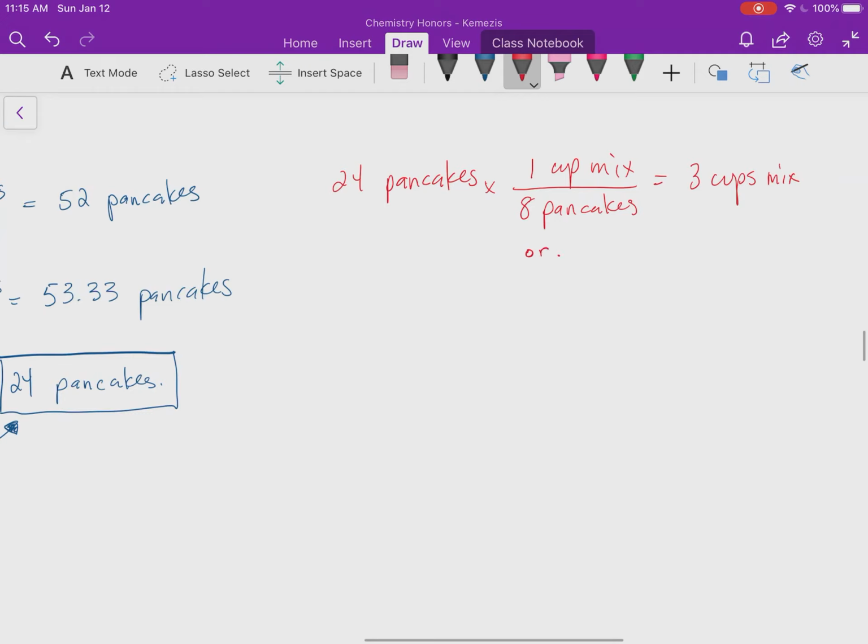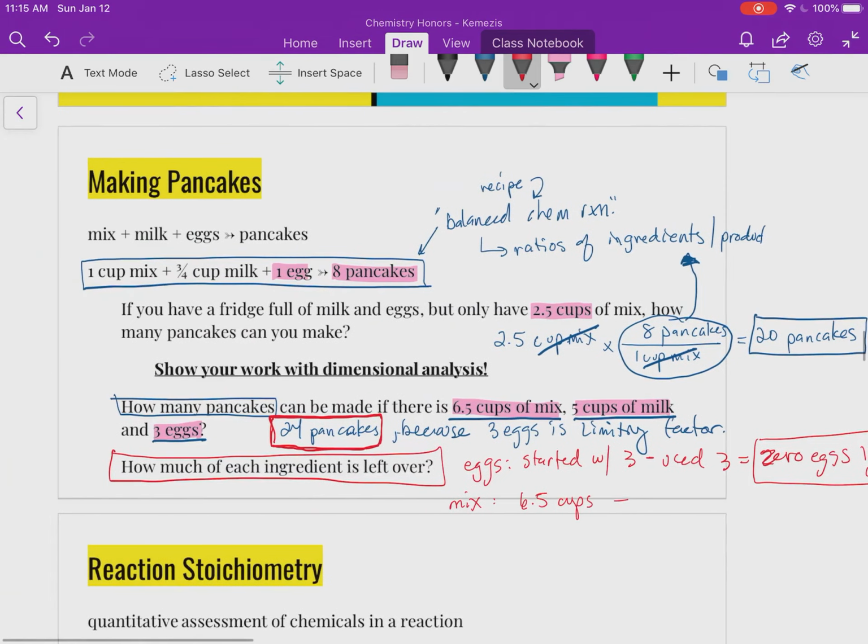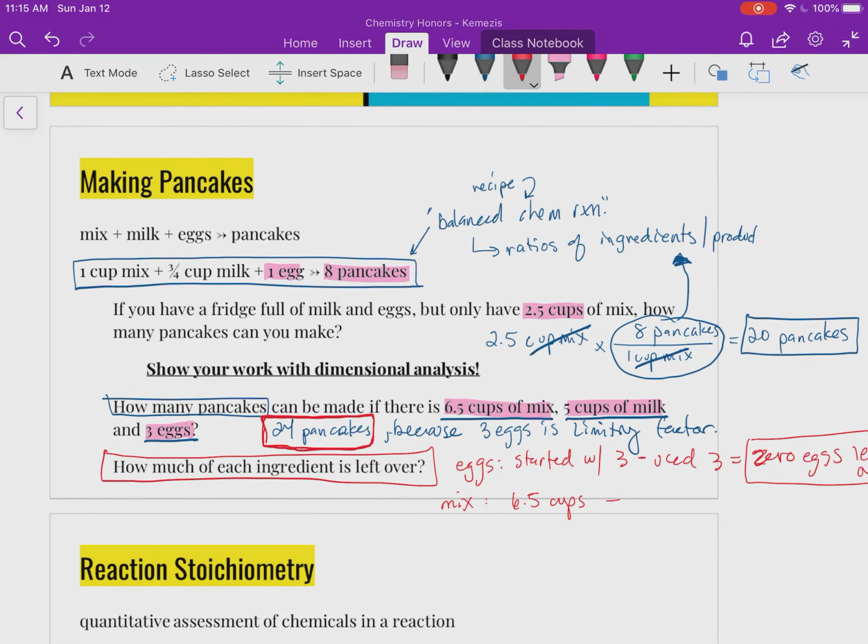Or, that's one thing we can do, or we can start with the amount of eggs we used, right? So I used 3 eggs. And if I come back over here, this recipe allows me to go from any ingredient or product to another one. So I don't always have to go from reactant to product.